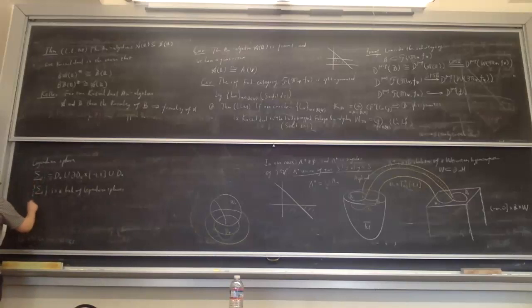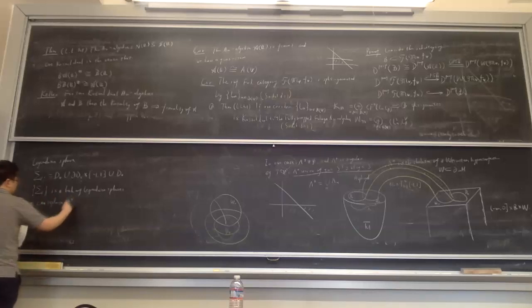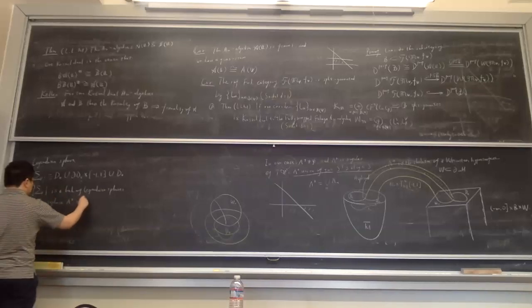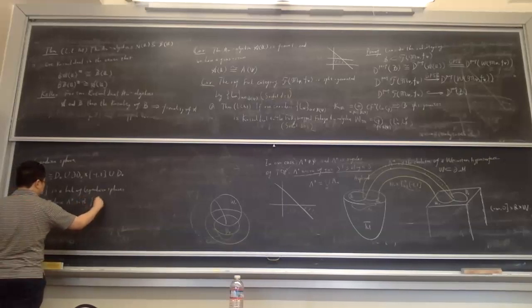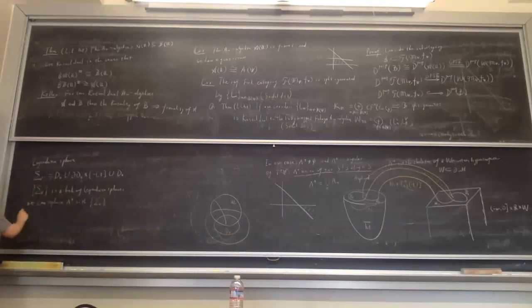So we can replace lambda plus with this new collection of Legendrian spheres, and we define the Chekanov-Eliashberg DGA.